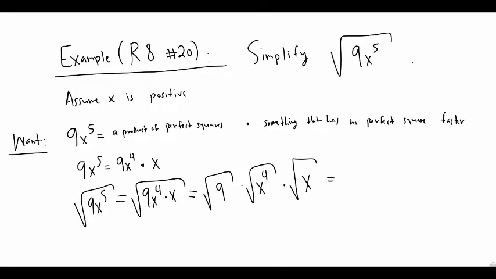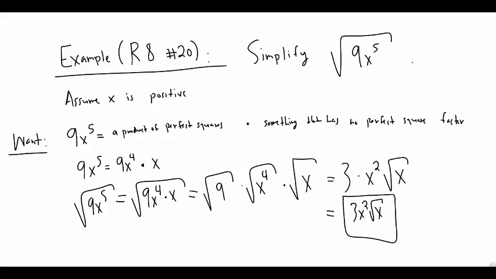So the square root of 9 is positive 3. The square root of x to the 4 is x squared. And the square root of x cannot be simplified. So our final answer, put it in the box here, 3x squared times the square root of x.